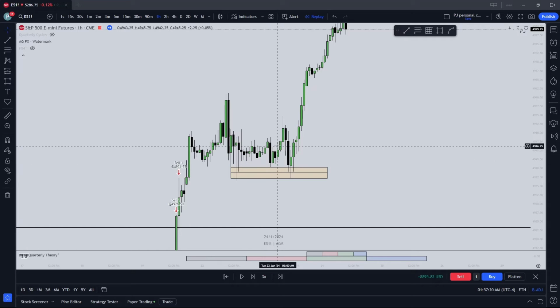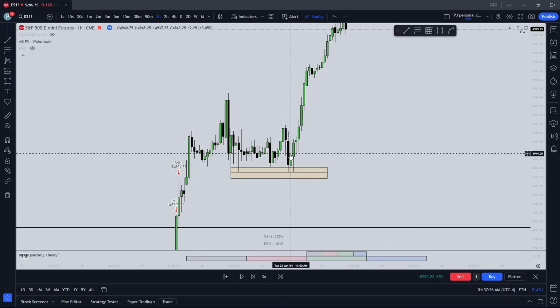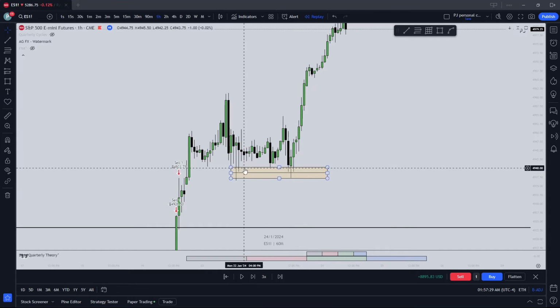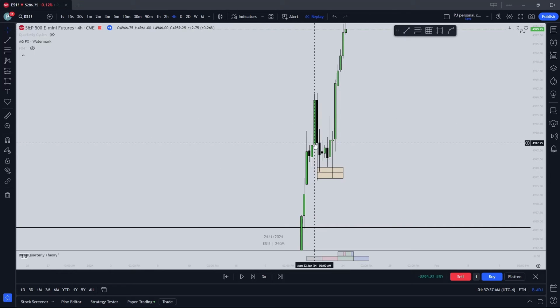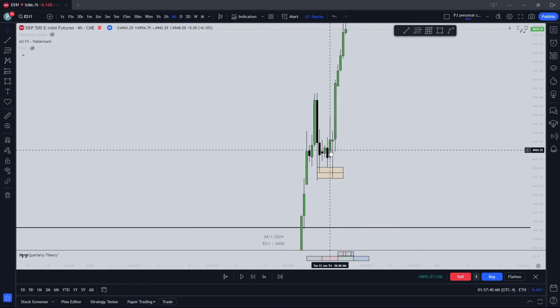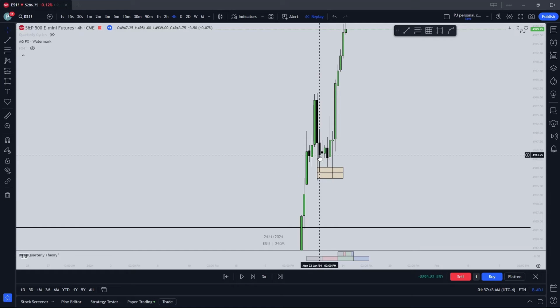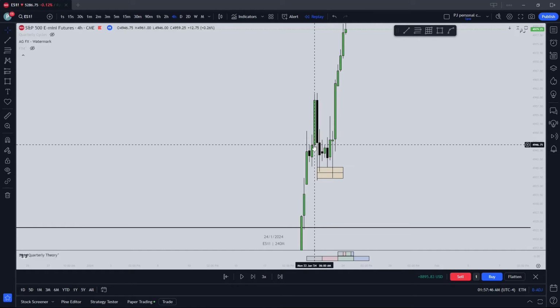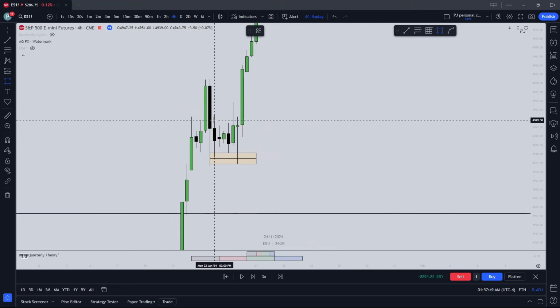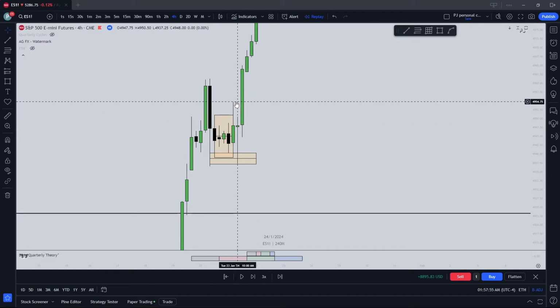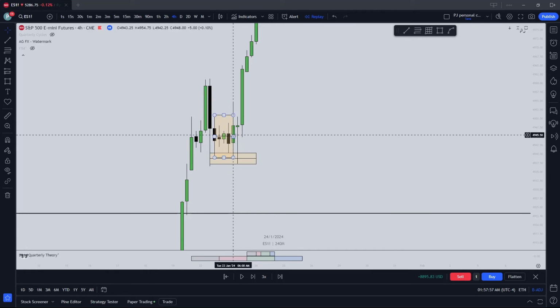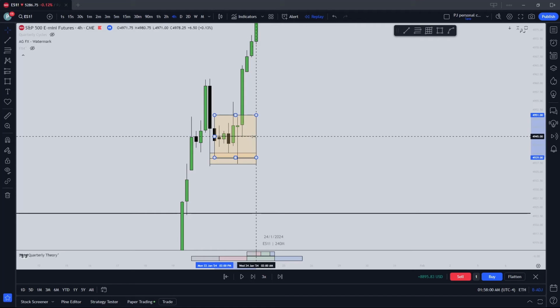We sweep London, form another Judas swing with the New York Open, sweep into the rejection block, which is obviously not the best right here. Let's see if we can get a 4-hour one. Yeah, sweep within the rejection block, distort, range, take the range low, with this being the range. Look at its smaller time frame, right? With this one candle being the range, we take the range high, that wick's right there, right?